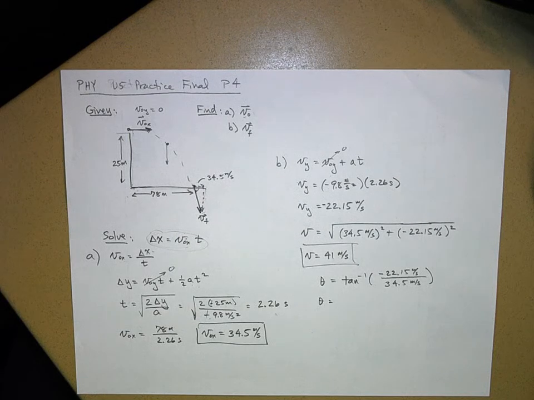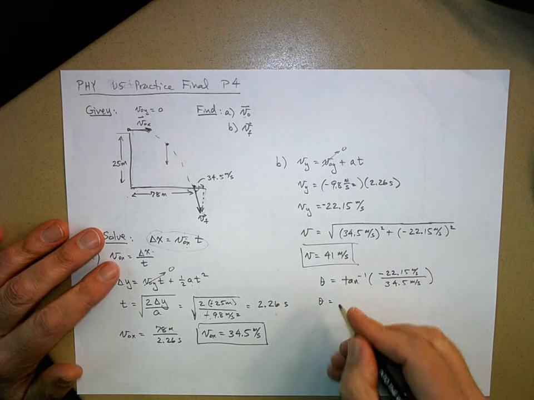So let's see, negative 22.15 divided by 34.5, and I get negative 0.642, and then I'm going to take the inverse tangent of that ratio. And I get negative 32.7.